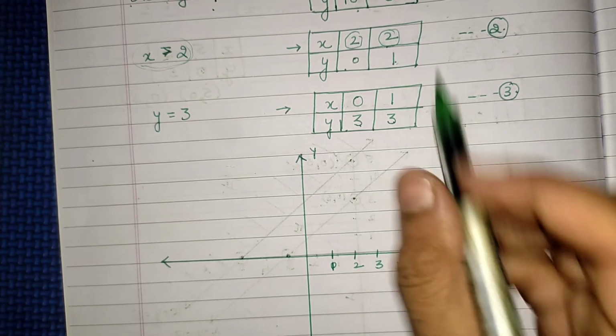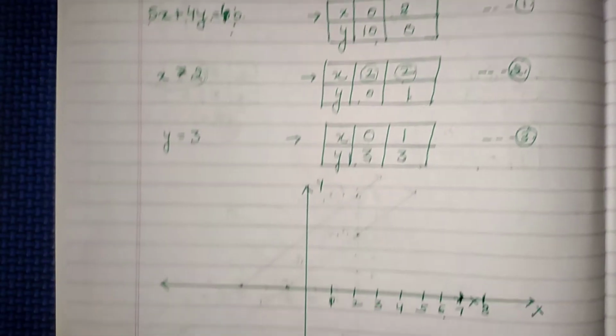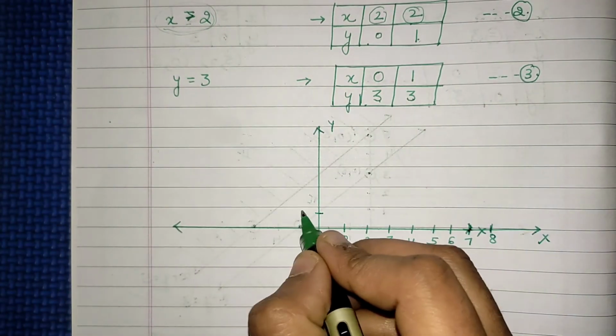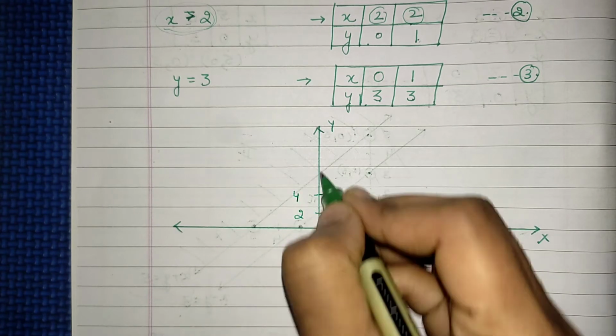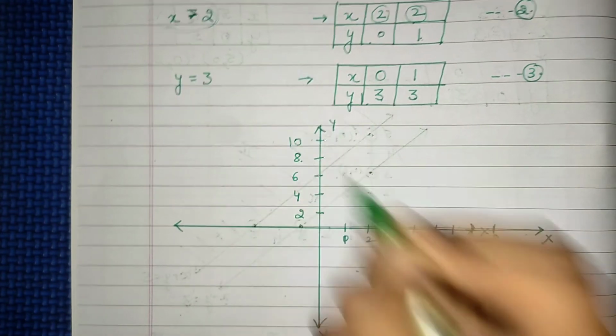If the values are bigger and do not fit on your sheet, you can take a larger interval, like I am taking an interval of 2, 4, 6, 8 and 10.